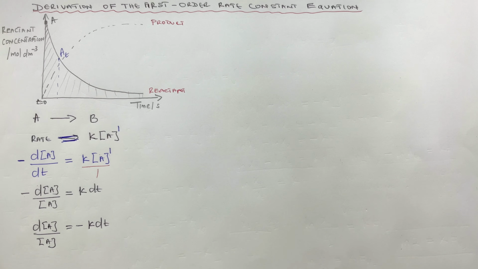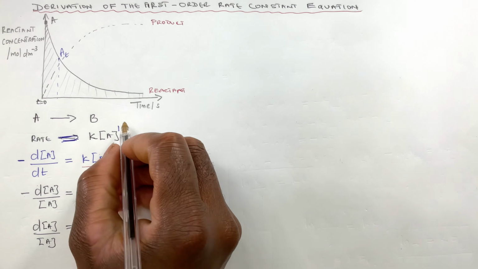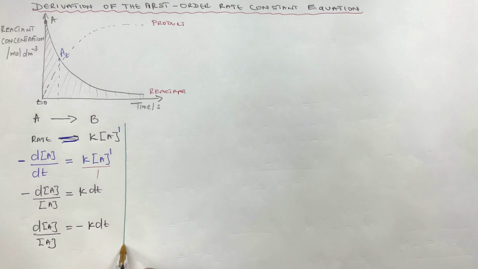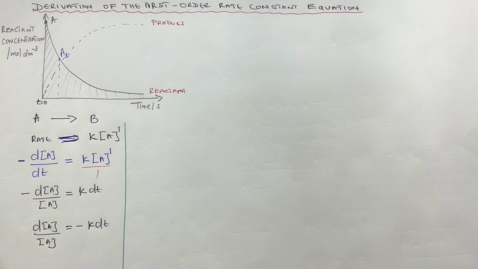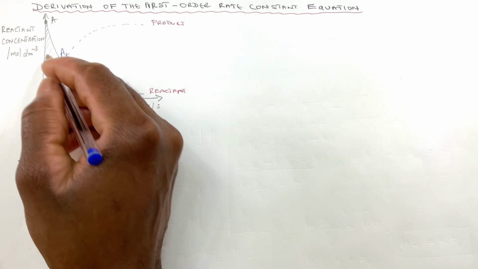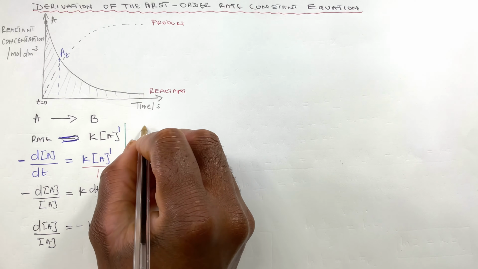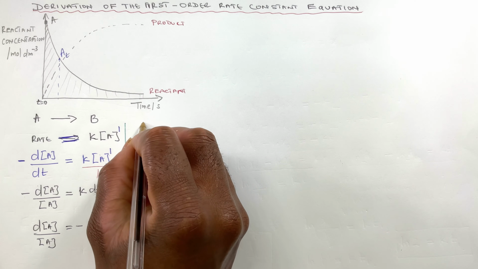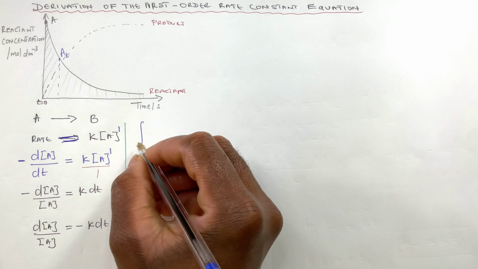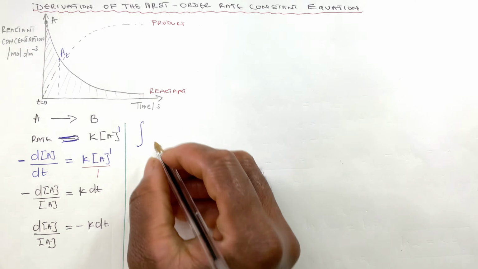So what I can do now is carry out my integration. And that integration will indicate that we're finding the area under that curve. So to do that, I need to write the integral, that's the sum of the little rectangles.